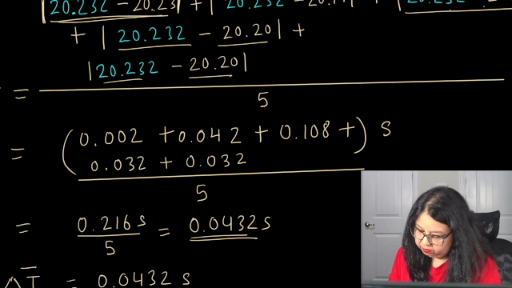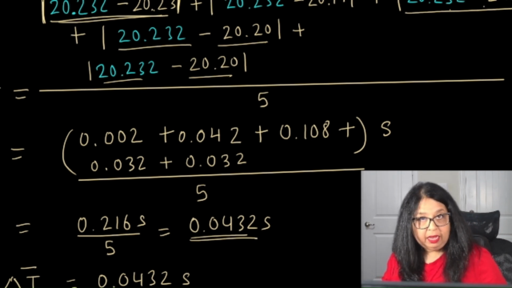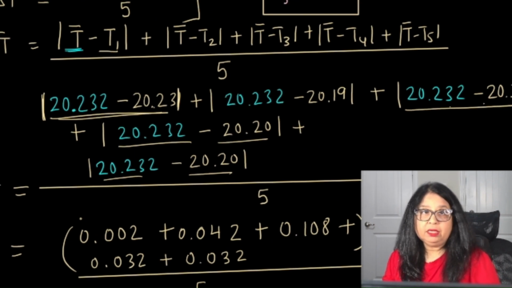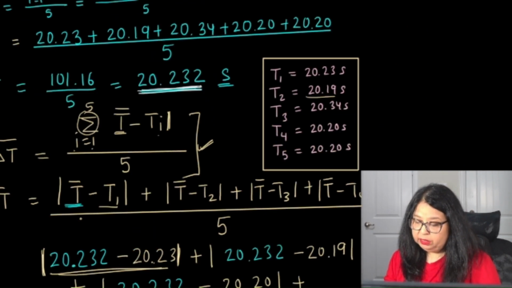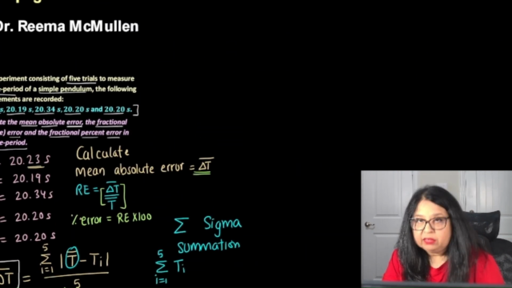0.0432 seconds. Okay. Now, here's the thing. It will be to the same number of decimal places as are the individual time periods. So all the time periods, they were till 2 places after the decimal.